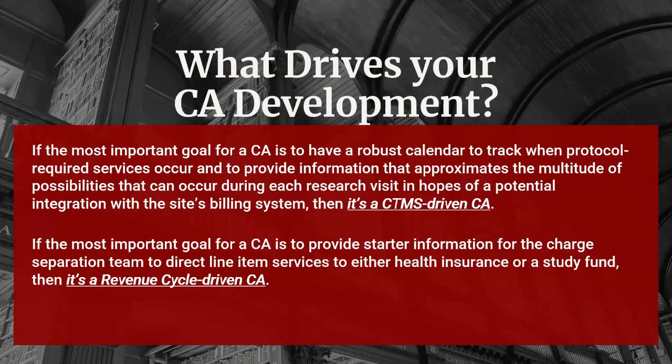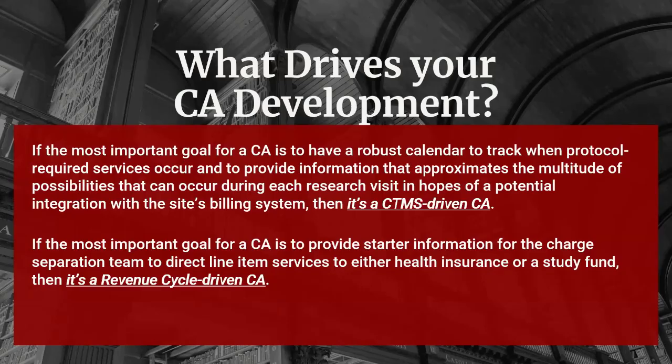So the first one, a CTMS-driven CA. If the most important goal for a CA is to have a robust calendar to track when protocol-required services occur, and to provide information that approximates the multitude of possibilities that can occur during each research visit in hopes of a potential integration with a site's billing system, then that's what we call a CTMS-driven CA.